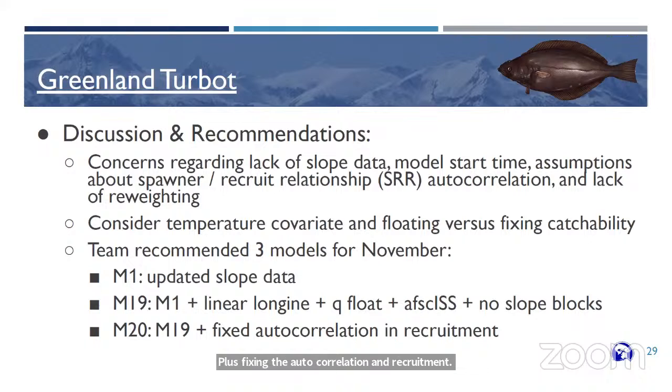Sounds like a question for you on Greenland turbot from Andrew. Yeah, thanks. It's about the model and modeling numbers. Just for clarification, model M1, that is the last accepted model, correct? I believe so, and then they added this updated slope data, which is probably just considered a data update, like a correction.